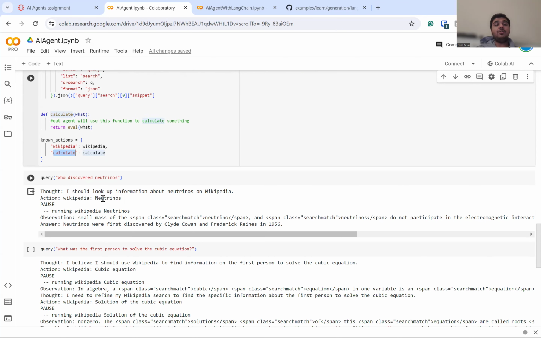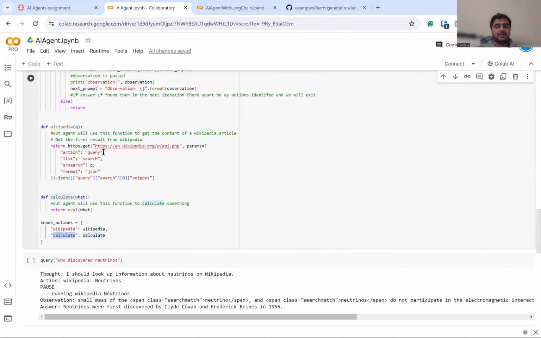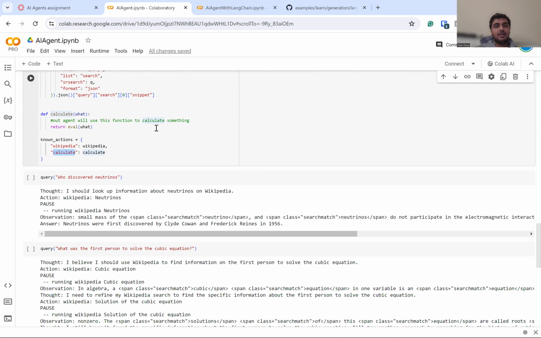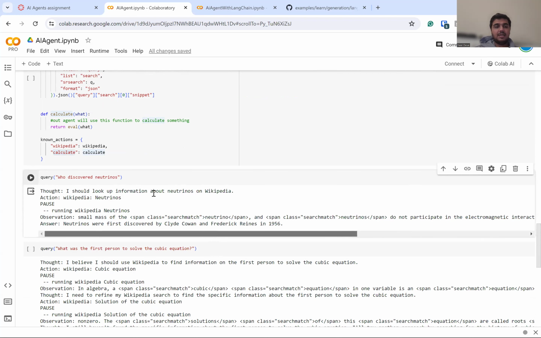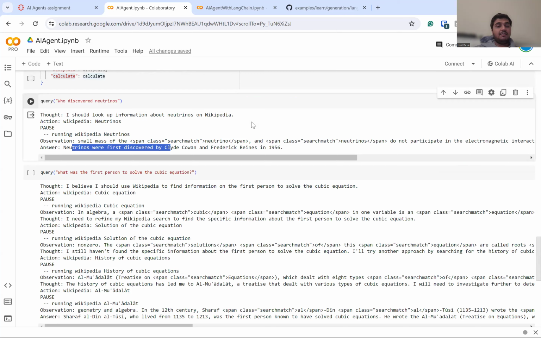So that would be neutrinos. Then it runs the Wikipedia code, which basically gets the article. We pass it again through the loop, and then we get the answer: neutrinos were first discovered by Clyde Cowan and Frederick Reines in 1956.